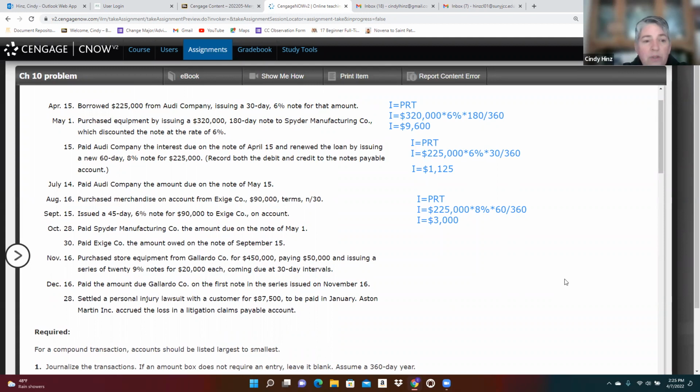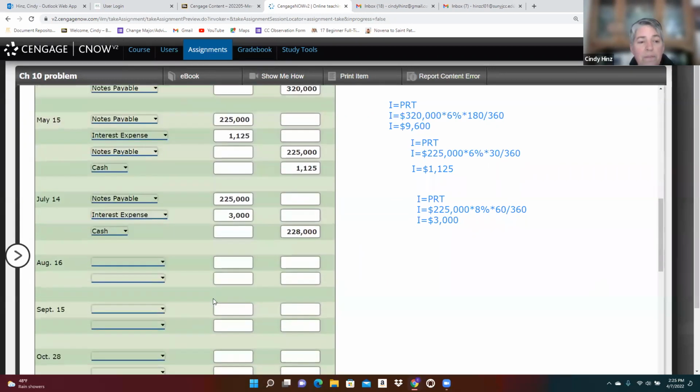Now we move ahead to August 16th, and we buy some merchandise on account from, I don't know how to pronounce that, Exige company. The merchandise is worth $90,000 and the terms are net 30.